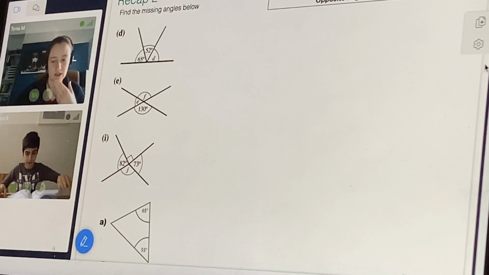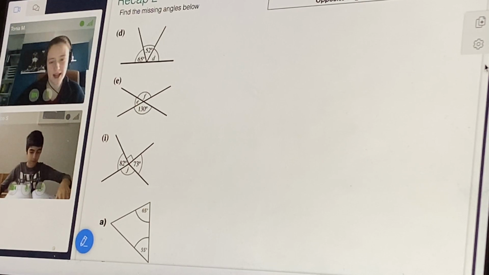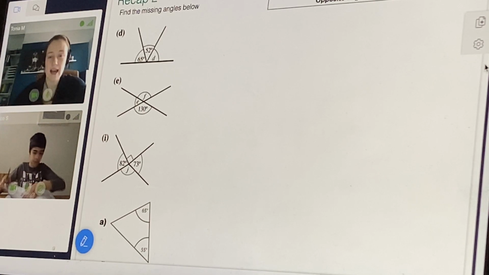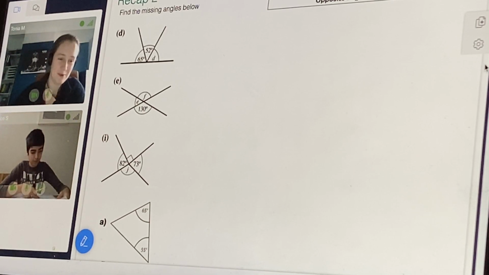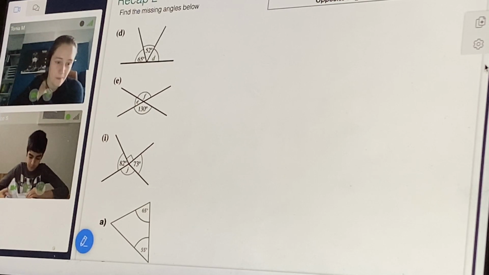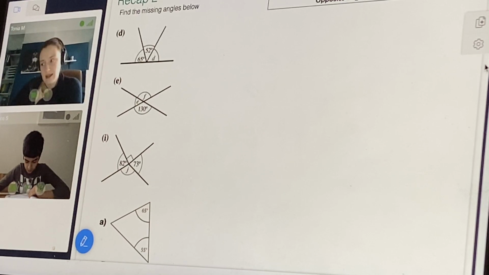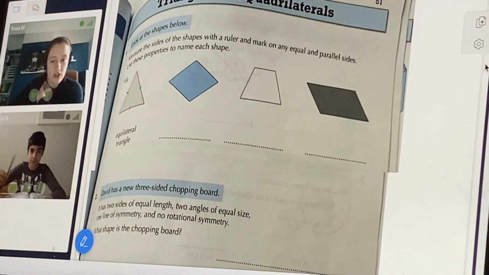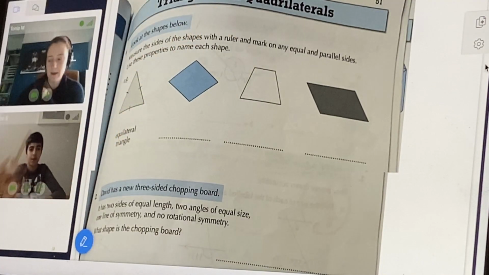I think there's a page on it later on in the book, but the angles are harder then. It's on page 52. So it's entirely up to you. I don't mind which one you want to do. We can do a few of these and then do the shapes one, or we can do the shapes one and come back to angles when we get to page 52.